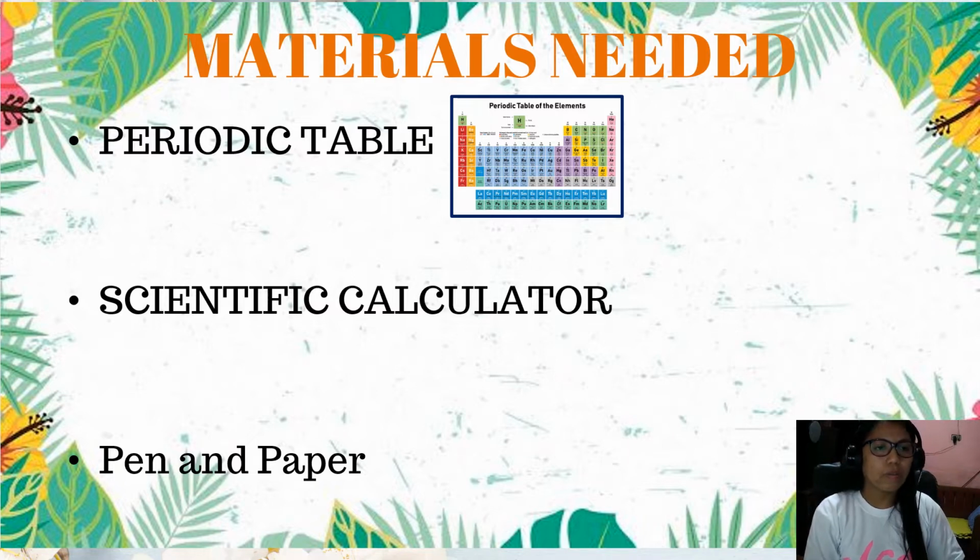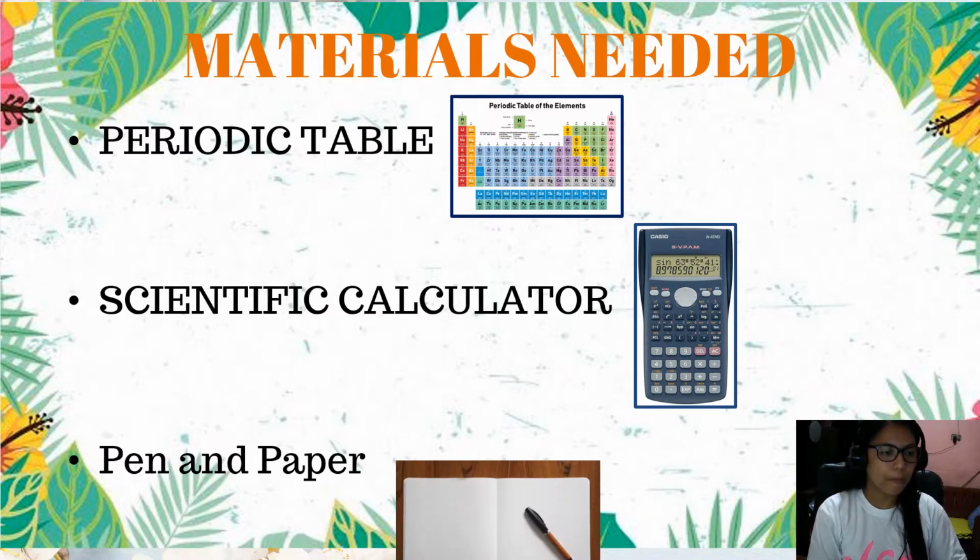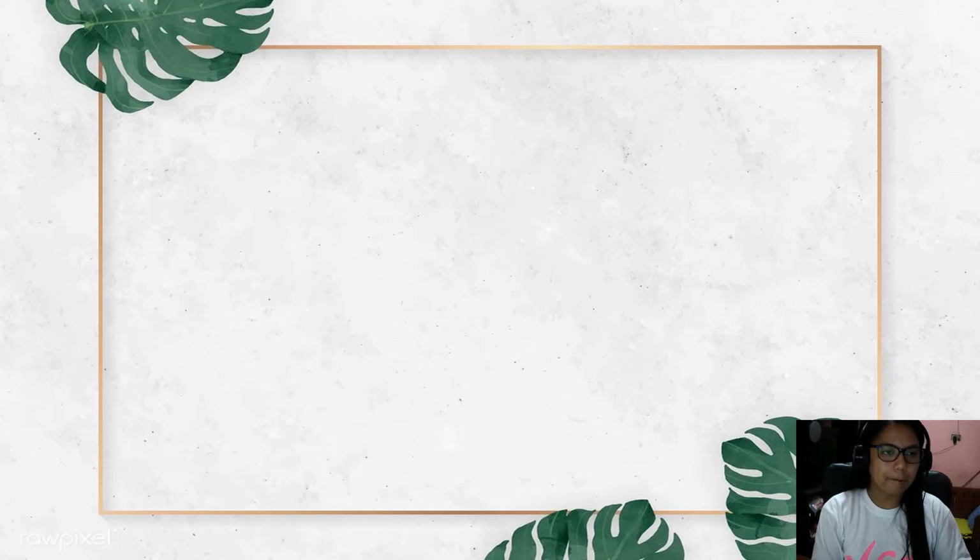So, hindi tayo manghuhula ng atomic mass. So, kailangan natin ng periodic table of elements. Next is the scientific calculator. Para hindi tayo mahirapan to compute and to get the exact answer in computing the percentage composition, and also the pen and paper.